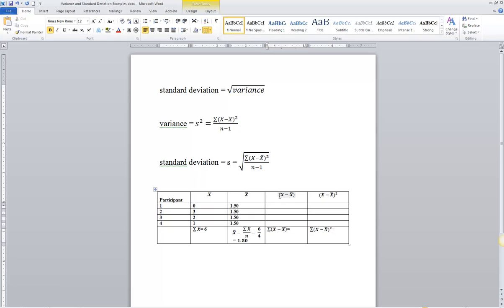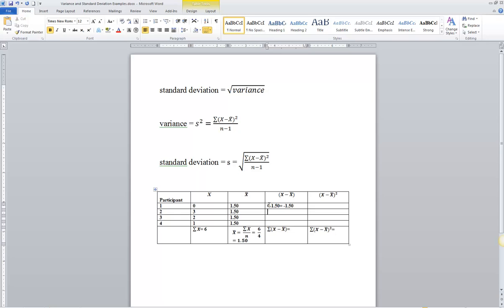So if you see here, the next step in our formula in using this table is to take each x and subtract the mean from it. So here you would have 0 minus 1.5, and you're going to get negative 1.5. Okay, so you're going to continue to do this for each of the scores.